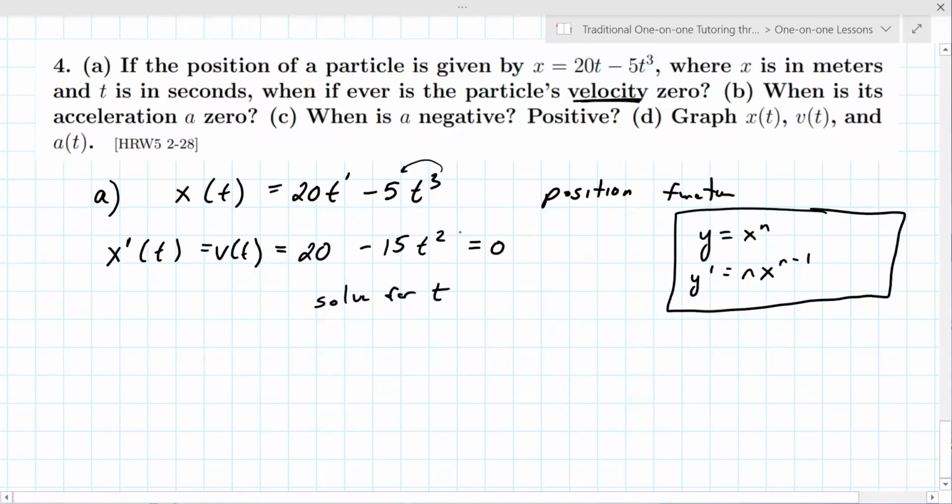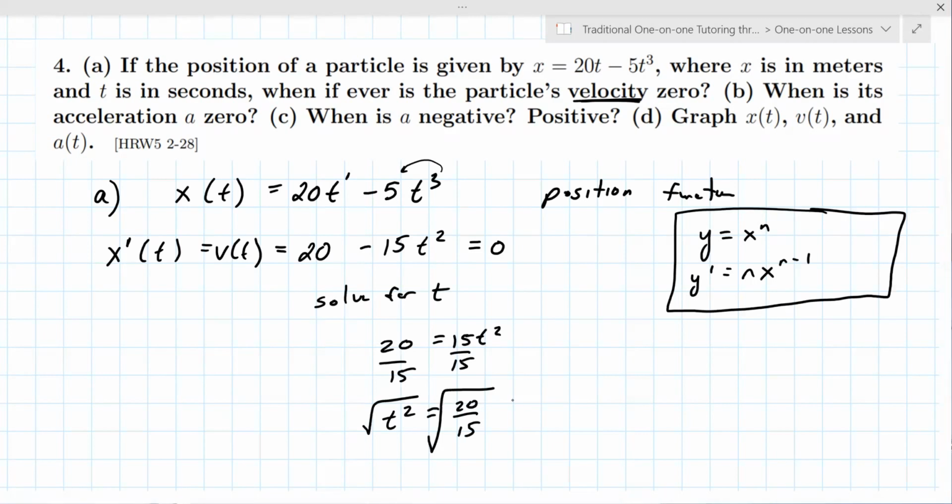You move this to the other side of the equation, divide by 15, so you have t squared equals 20 over 15, and then you take the square root of both sides. And you get some number. We don't really care what the number is, but you get some number.